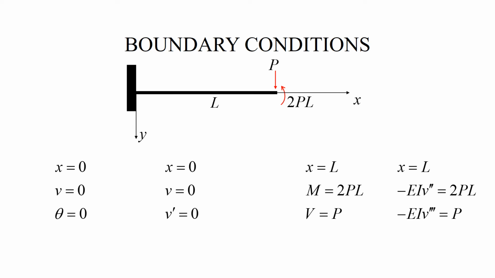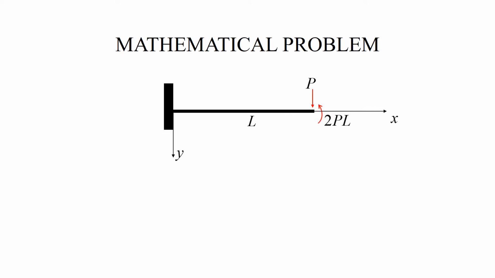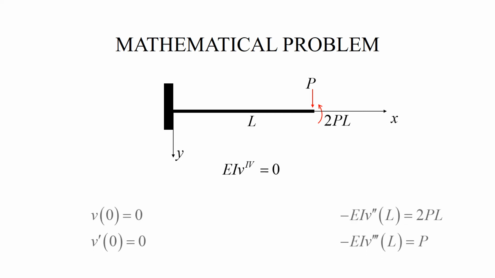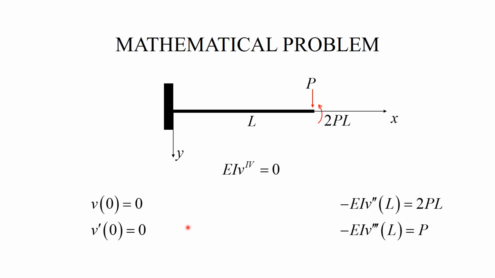So now we are ready to formulate the mathematical problem. The differential equation, the fourth derivative of v is equal to 0, and the boundary conditions, 2 at x equal to 0, and 2 at x equal to L. So now the story looks like this.